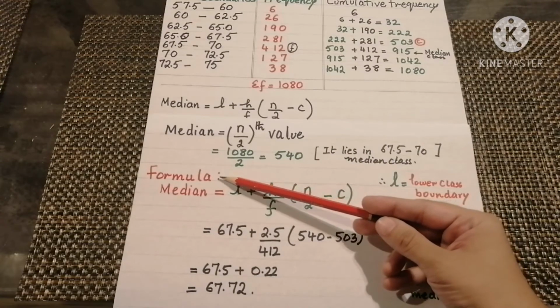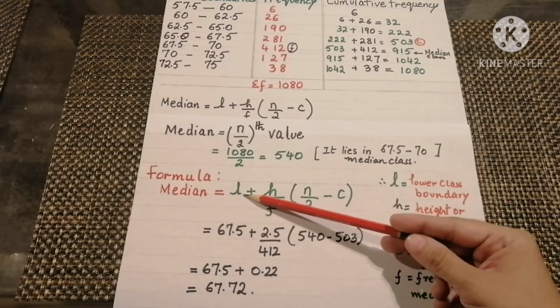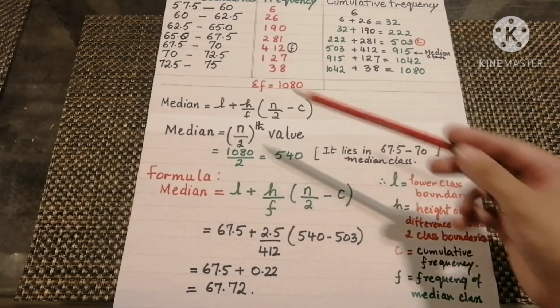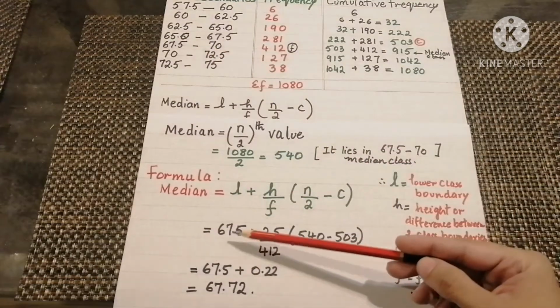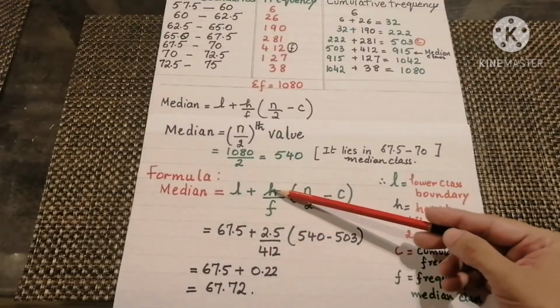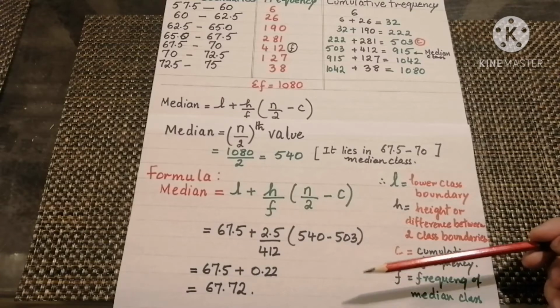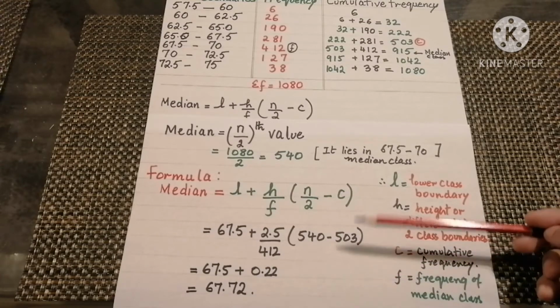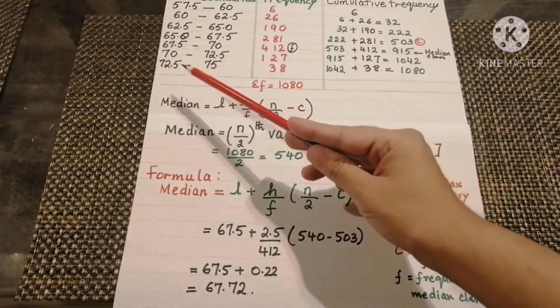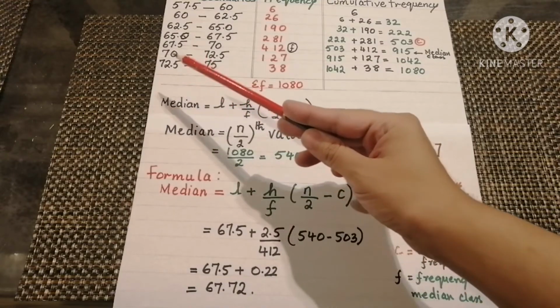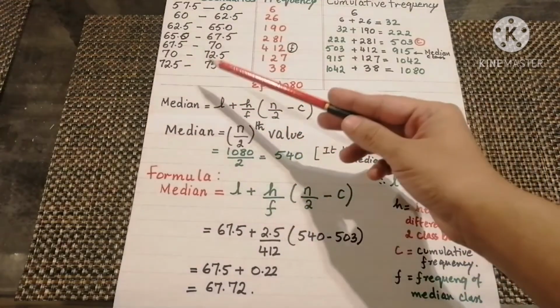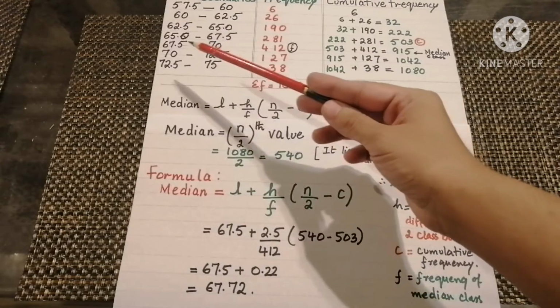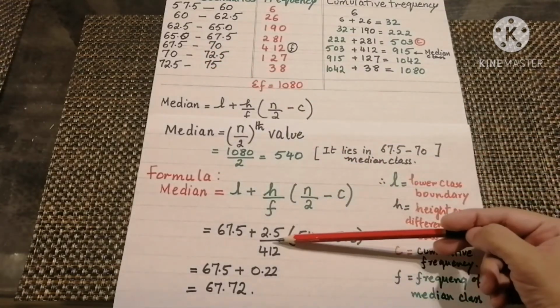Now the formula for the median is L, which is the lower class boundary, that is 67.5, we write it like this, plus h. H is the height or difference between the two class boundaries. If we subtract 72.5 from 70 we get 2.5, or if we subtract 70 from 67.5 we get 2.5.